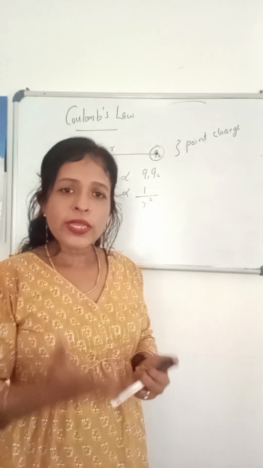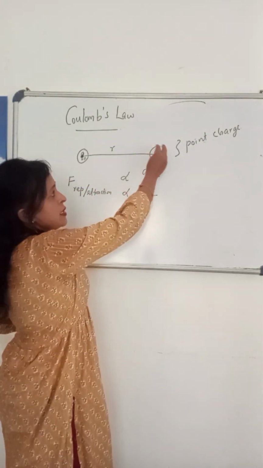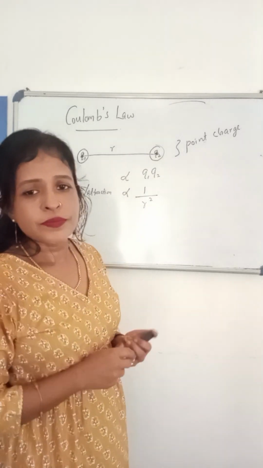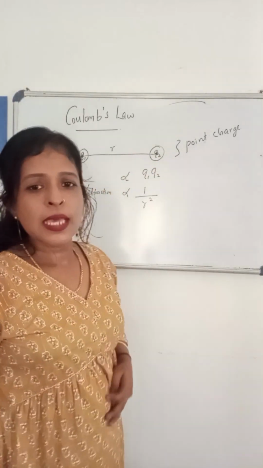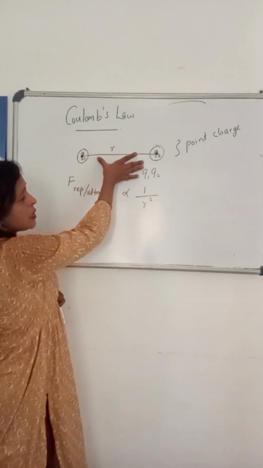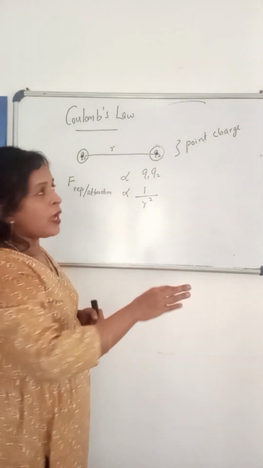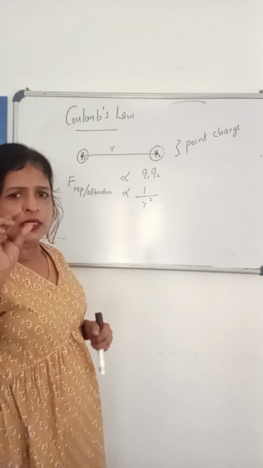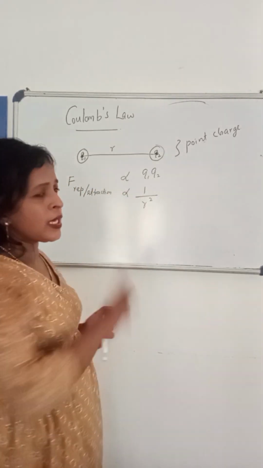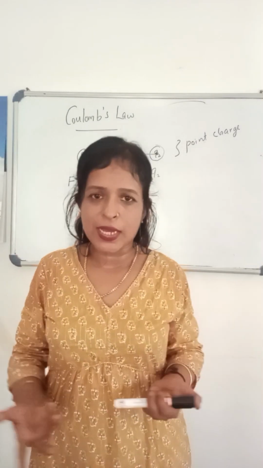It means that if we compare the size of the charge to the distance, we can take it as very small. So if this distance is 2 meters and the body size is in millimeters, we can say these bodies are point bodies, point charged bodies.